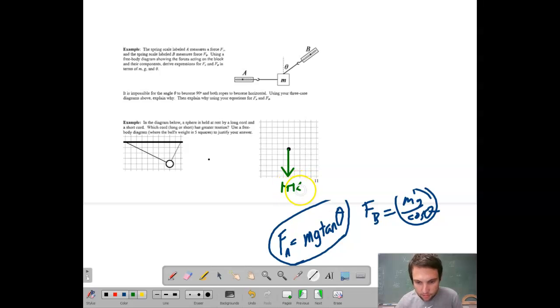M and G. So there's the weight. So if I were to look at the tension forces, we've got this one goes 1, 2, 3, 4 up. So that's what we're going to do over here. And it's going to go up 1, 2, 3, 4. And it looks like it goes to the right 1, 2.